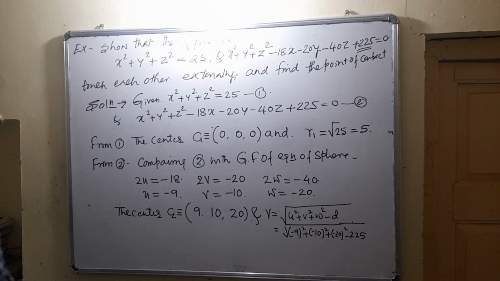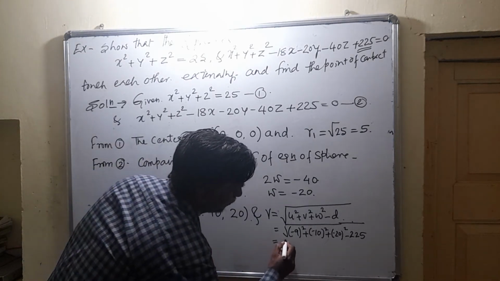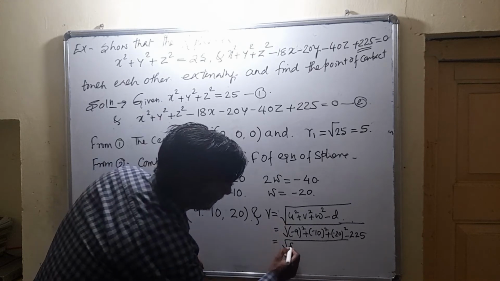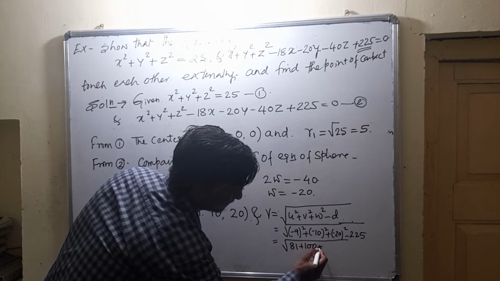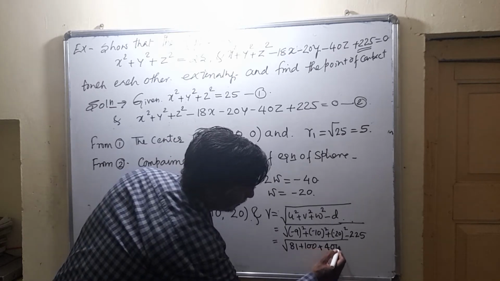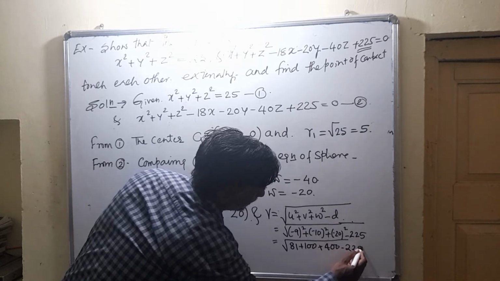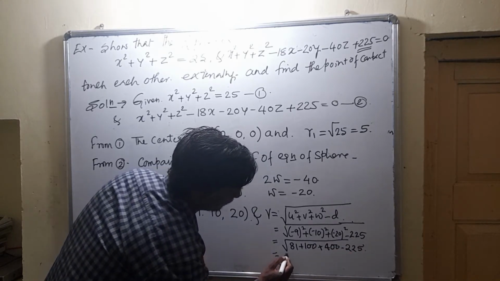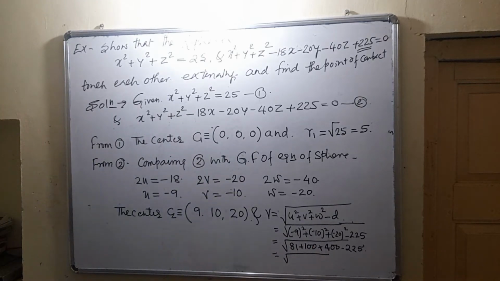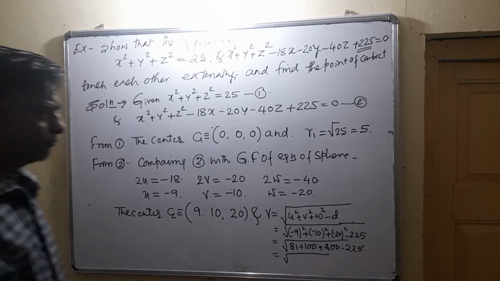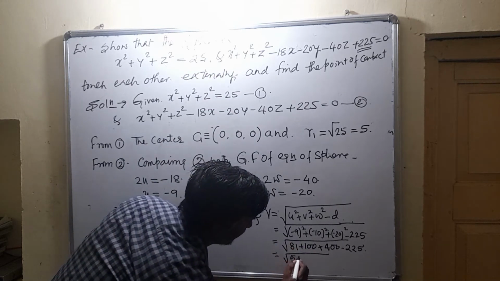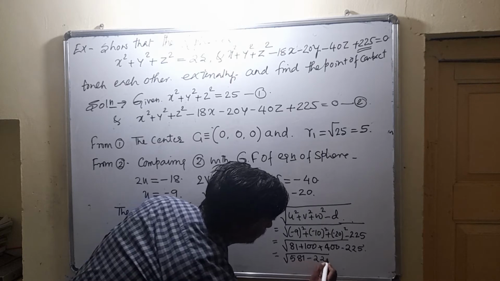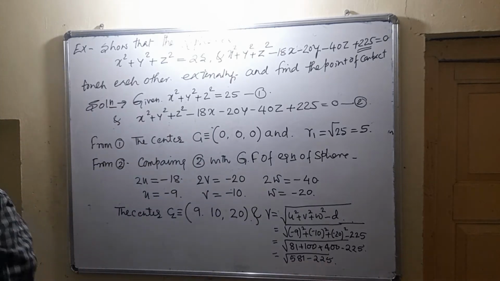Correct? That is square root of 81 plus 144 plus 400 minus 225.